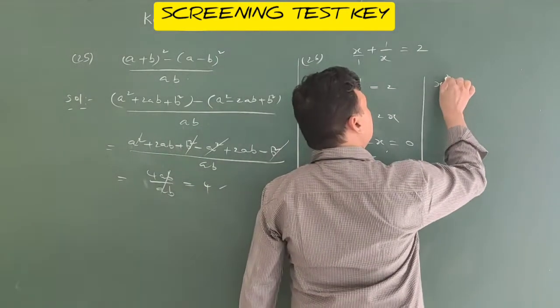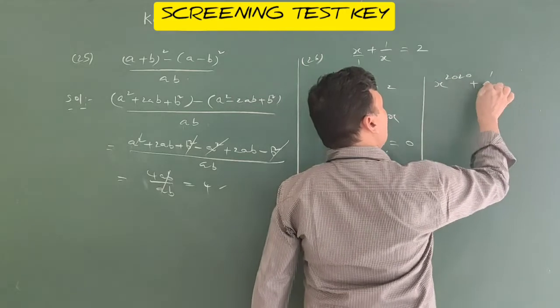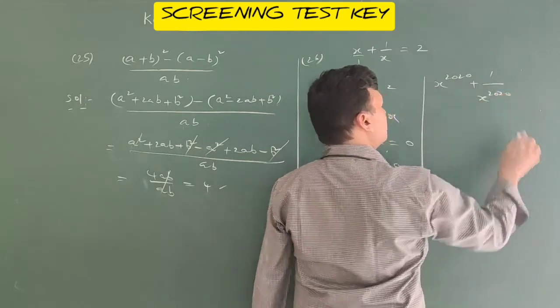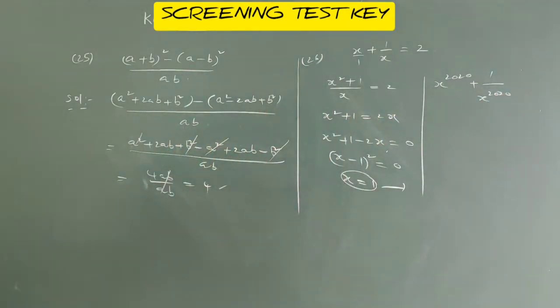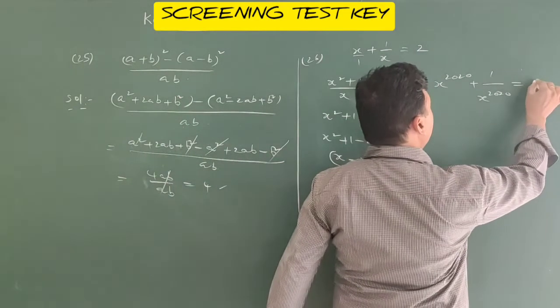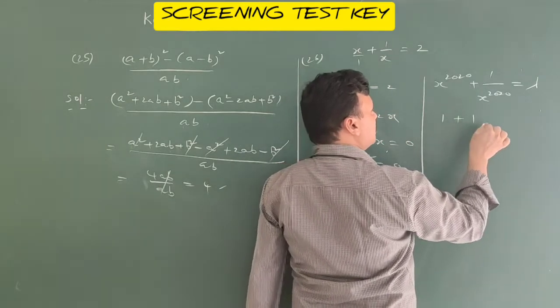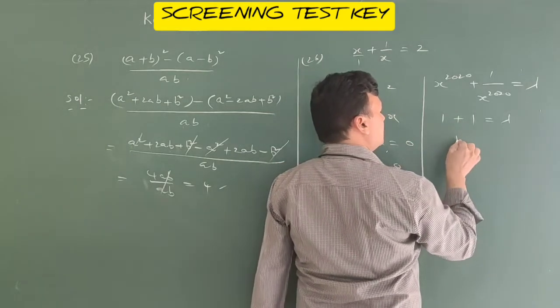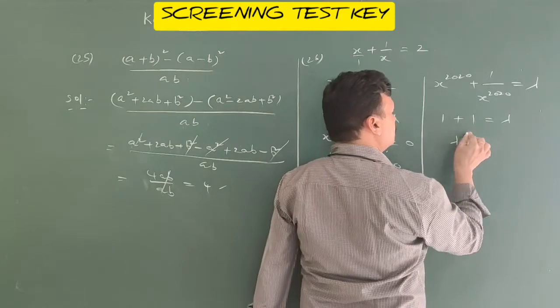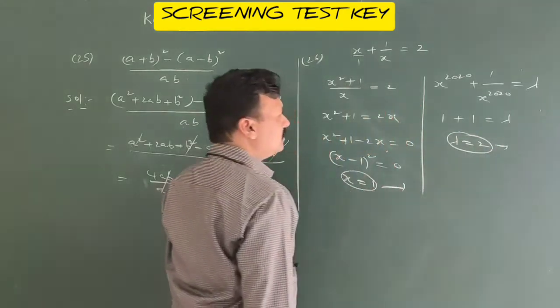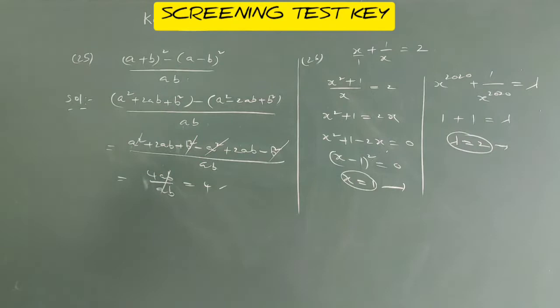With the help of this 1, we asked x power 2020 plus 1 by x power 2020 equal to lambda. So here 1 power 2020 means 1, plus 1 equals lambda. Here lambda equals 2. But they don't want lambda.